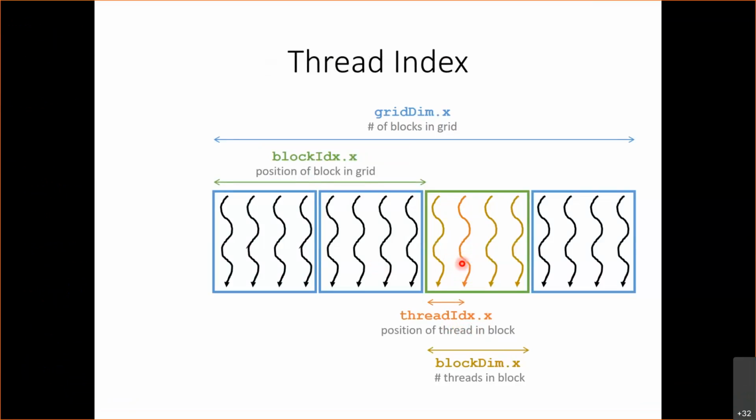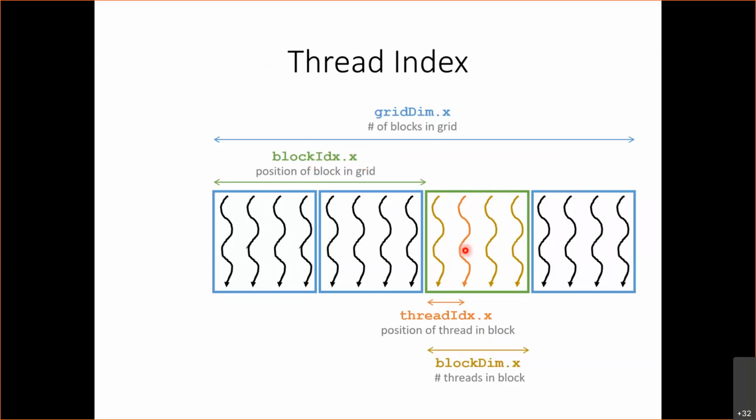Okay. So here for this orange thread, if the orange thread reads gridDim.x, the value will be 4 because we have 4 blocks in the grid. If it reads blockIdx.x, the value will be 2 because the index of its block is 0, 1, 2.